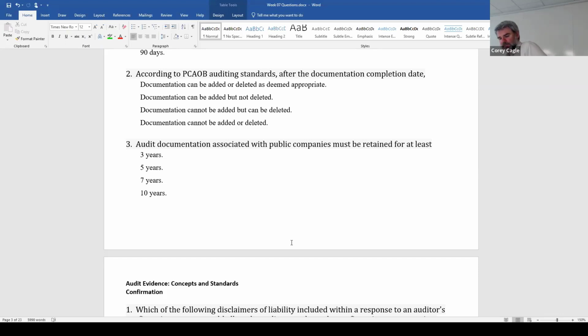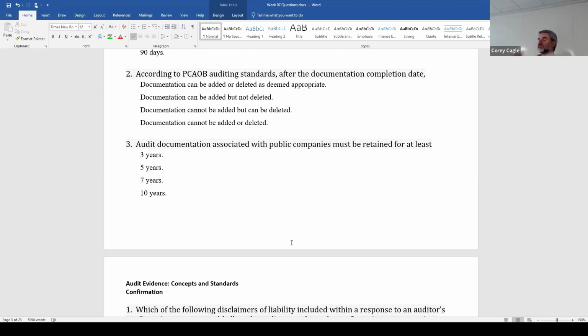There might be bank confirmations that we send to the bank, so they'll confirm the balances of accounts. But banks can confirm a lot of things. They can also confirm any investments that the company might have with the bank, and they might also have outstanding loans that they would confirm. So you might have a lot of different things to confirm with a bank.